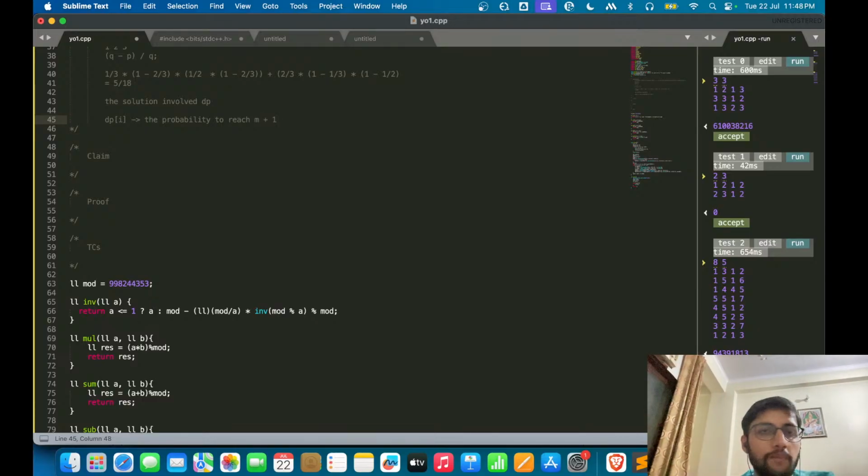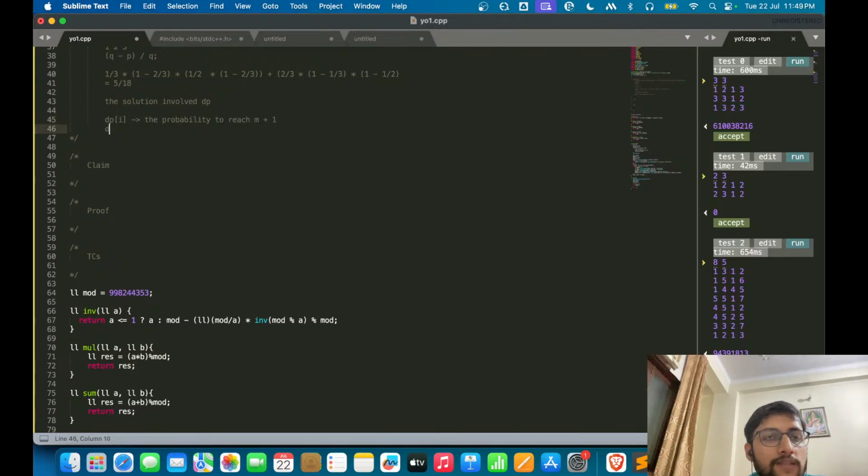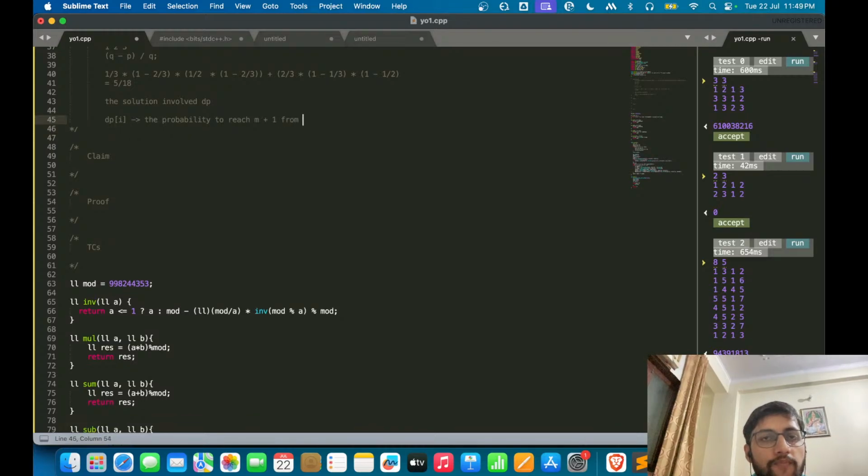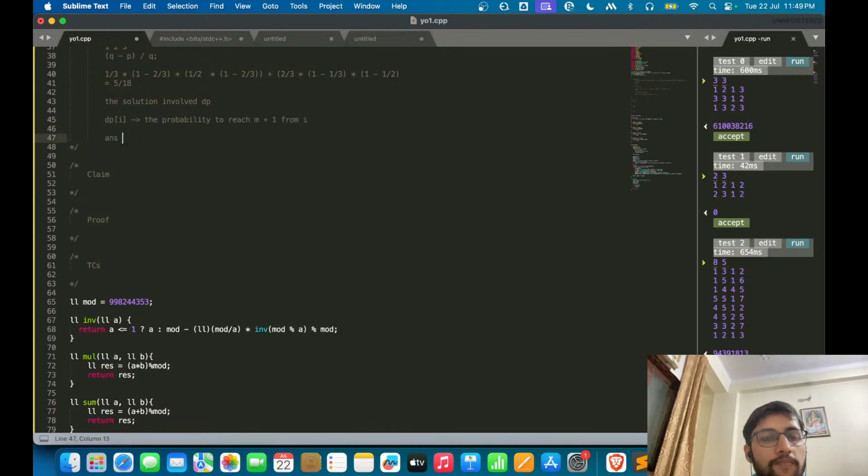This is what my dp represents, the probability to reach m plus 1, and the answer will be dp of 1, obviously, because we have to reach the last element from 1. Everything needs to be covered, right?